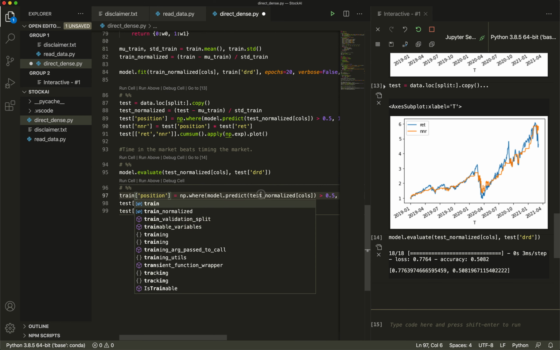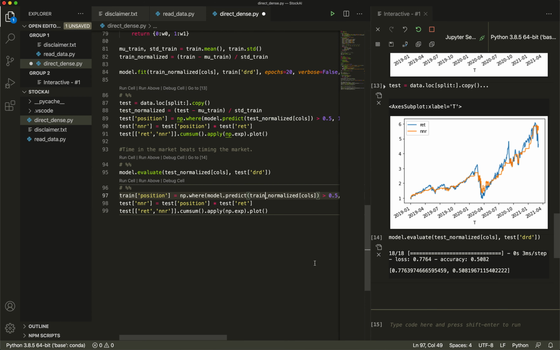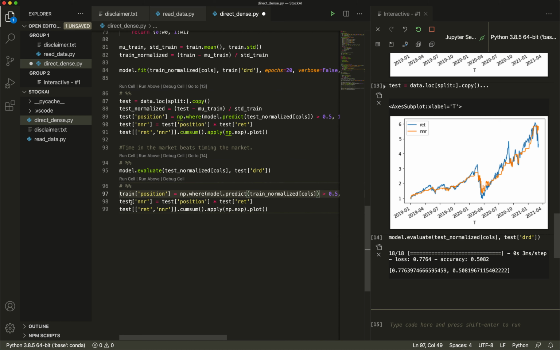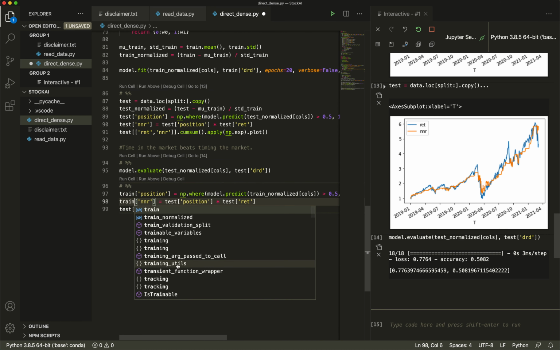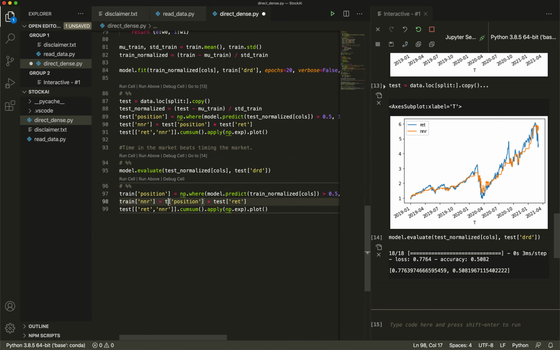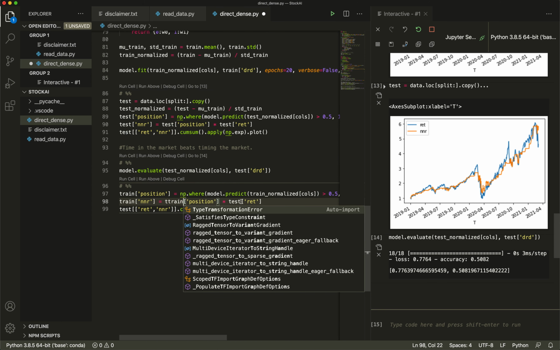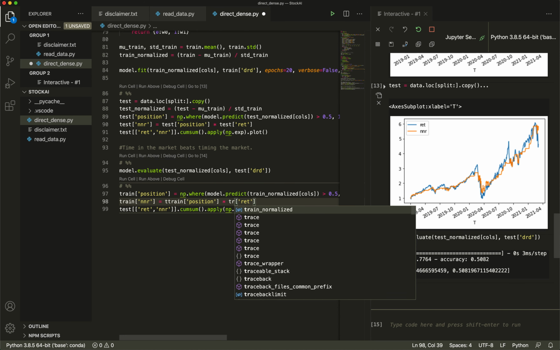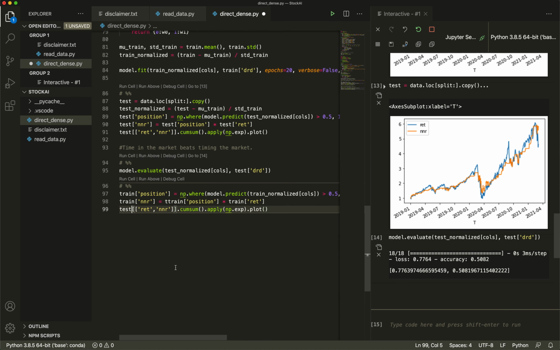Test normalized becomes train normalized, and test ANR becomes train ANR, right? And then train.